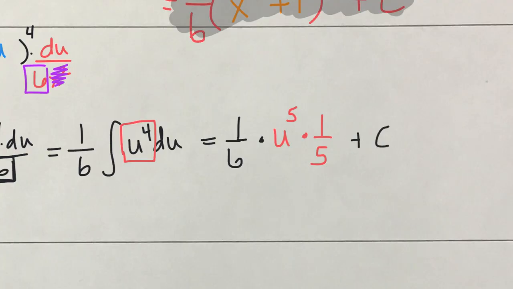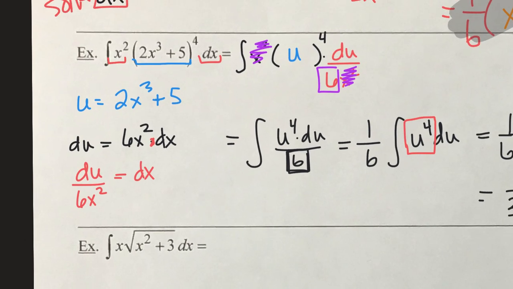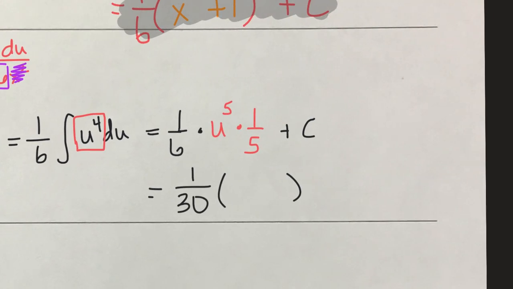And of course we have our plus c, your constant of integration. So 1/6 times 1/5 is 1/30. We're going to replace our u. Once again, u was 2x cubed plus 5, so that goes back in here. 2x cubed plus 5, raised to the 5th power, plus our constant of integration.